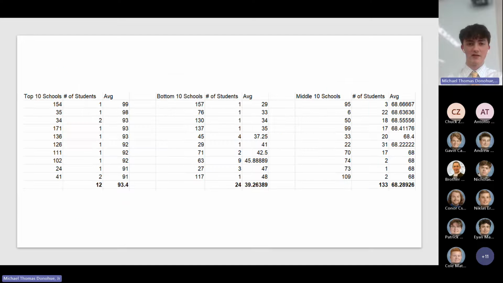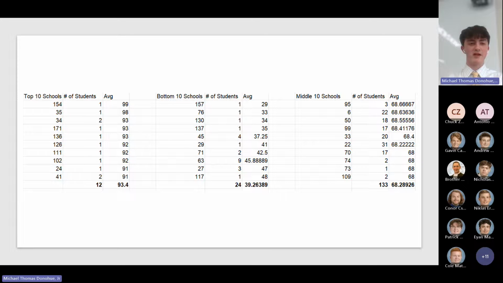Next with it is the average of the top 10 schools, bottom 10 schools, and middle 10 schools. This is just to show important context to the specific situation of each school, so that you can see where each school lands within the top and bottom 10.